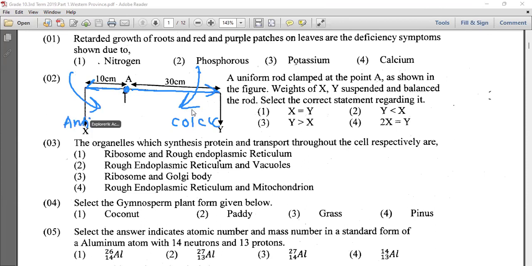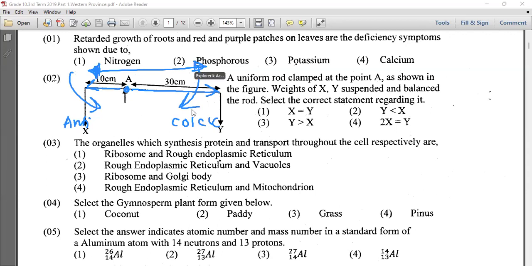If the two moments in the clockwise and anti-clockwise directions become equal, the rod would stay at the uniform state, meaning the object would be at equilibrium.